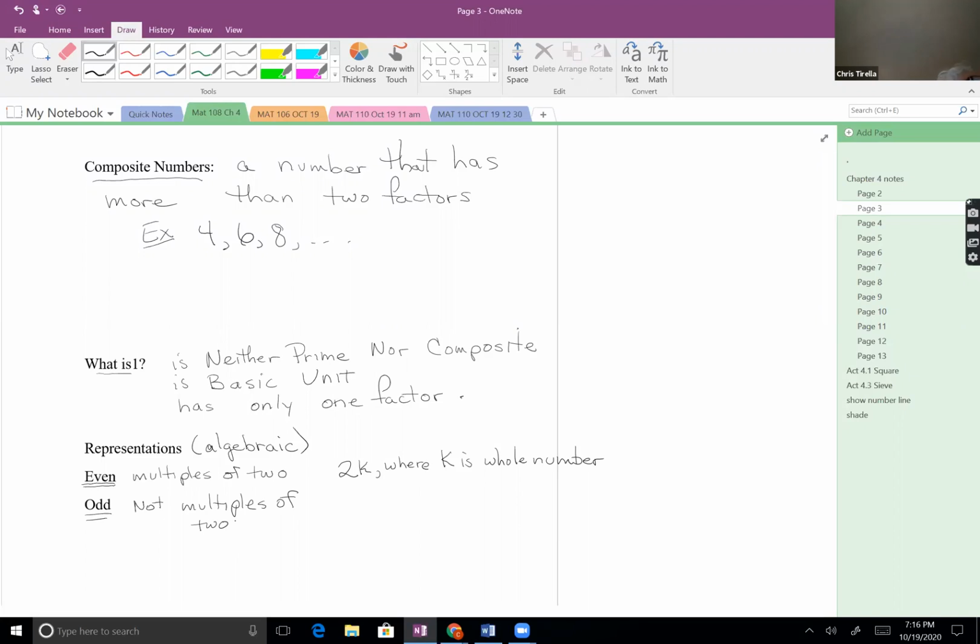And has anybody ever seen an algebraic representation of odds? Evens are 2 times some number k. Anybody have a conjecture about what we would have to do in order to get an odd number?